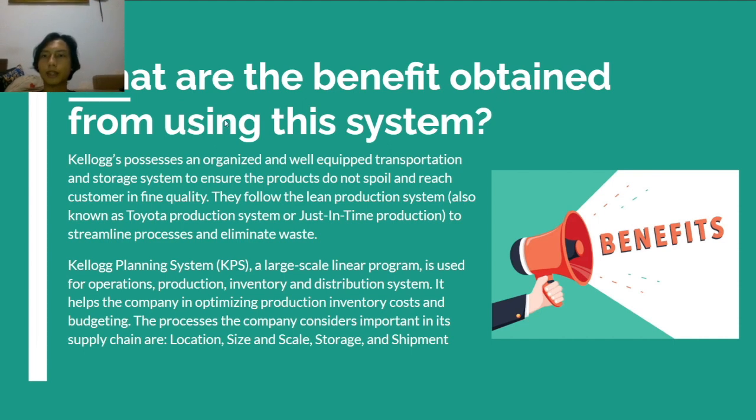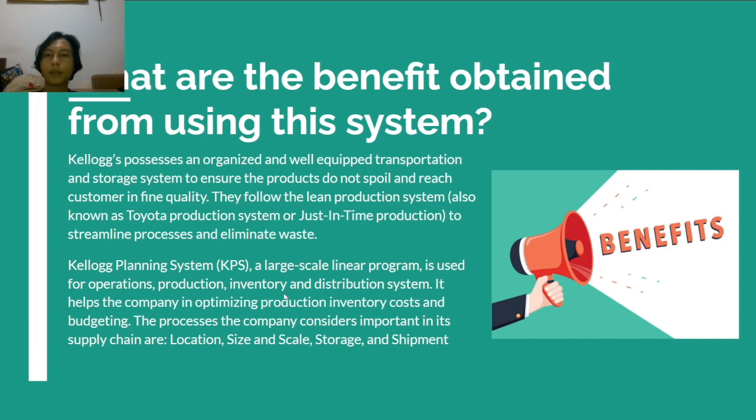Let's talk about the Kellogg system first. Kellogg possesses an organized and well-equipped transportation and storage system to ensure the products do not spoil and reach customers in fine quality. They follow the lean production system, also known as the Toyota Production System or JIT, just in time, to streamline processes and eliminate waste.